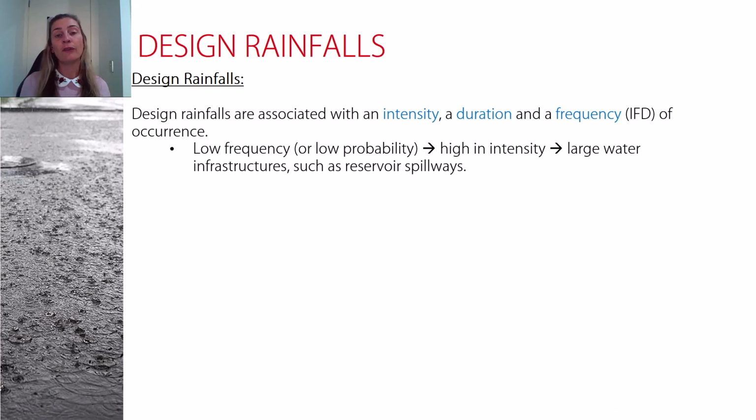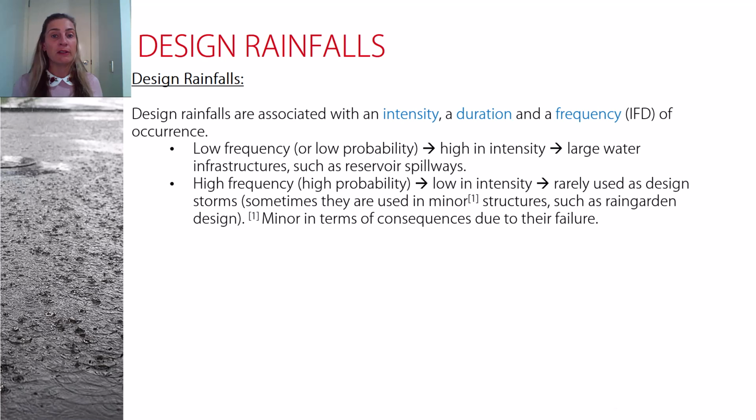So a low frequency rainfall event is one that is very rare, so it's a very high intensity. A high frequency or high probability rainfall event is low in intensity, so it's a very weak rainfall event. High frequency rainfall events are rarely used as design rainfall because design rainfalls are usually associated with lower probability of occurrence.